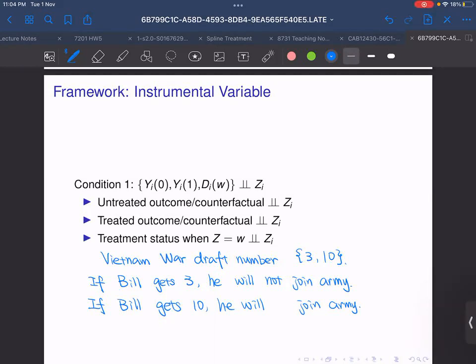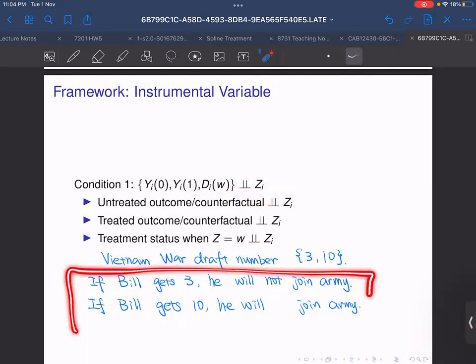So that's what it means by this third assumption, where we have di1, di0 being independent from zi. So which draft number I actually get does not affect these two facts, all right? So I cannot say that, oh, initially I planned that if I get 3 then I will not join the army, but then when I get 3, I was like, oh, I must join the army. No, it doesn't work like that.